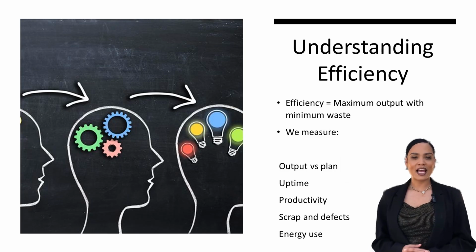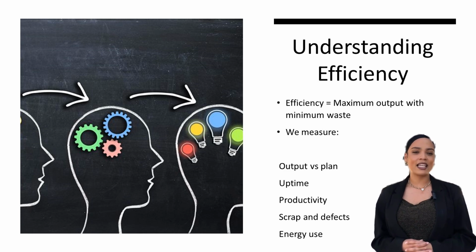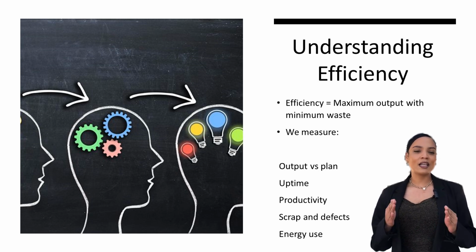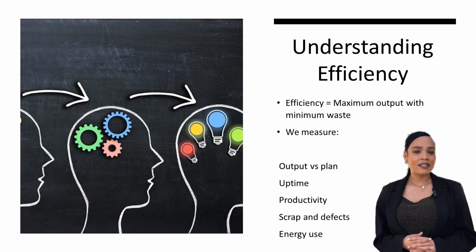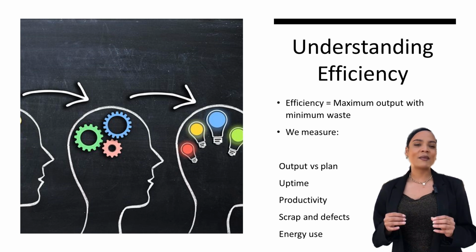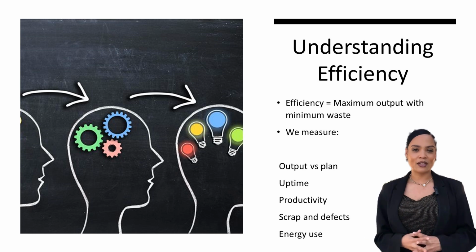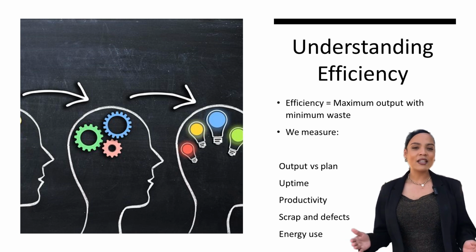Efficiency means using time, people, machines, and materials in the best possible way with minimum waste. High efficiency means maximum planned output with minimum delay, rework, scrap, or energy loss without compromising safety or quality. I measure efficiency by comparing units produced versus plan, uptime versus downtime, labor productivity, scrap and defect levels, energy and utility consumption.